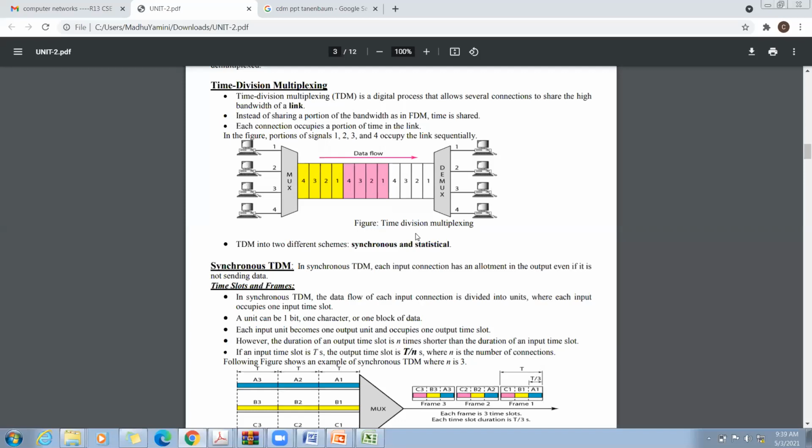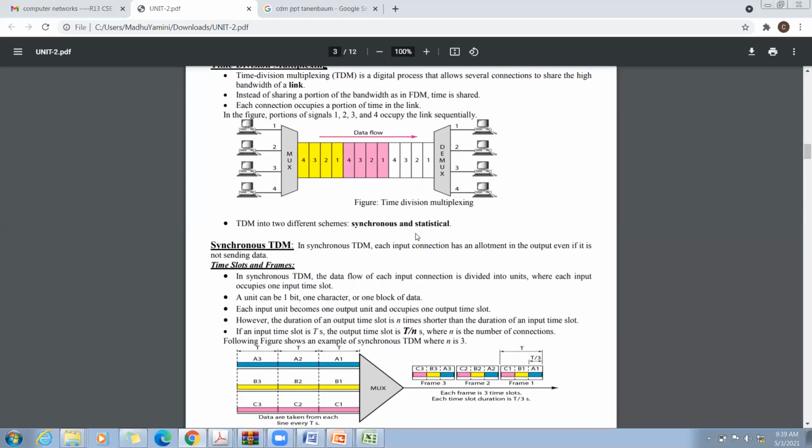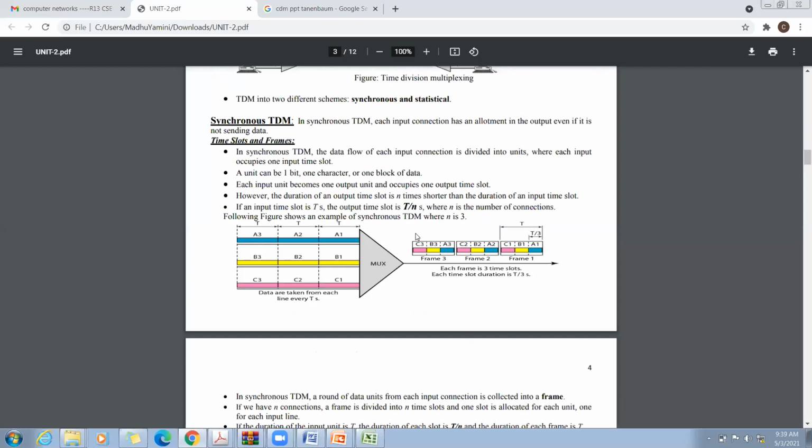In time division multiplexing, the first kind is synchronous time division multiplexing. The second one is statistical time division multiplexing. In synchronous time division multiplexing, each input connection has an allotment in the output, even if it is not sending data.